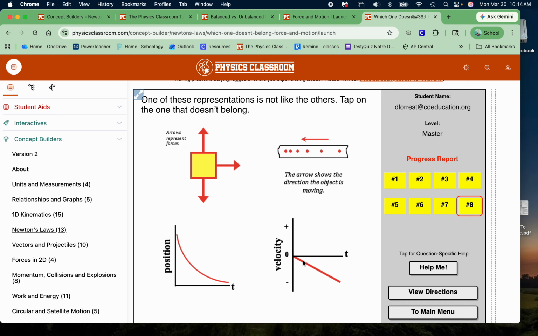This disagrees with those two because this shows a negative velocity, which is moving to the left, but it shows it getting faster and faster because it's moving away from zero. This shows a negative velocity because I have a negative slope on my position time graph, and it does show it going slower and slower because it gets flatter and flatter. So I think this is the one that does not agree. This is sneaky though, because it's a force to the right, but all the other three of these show motion to the left.